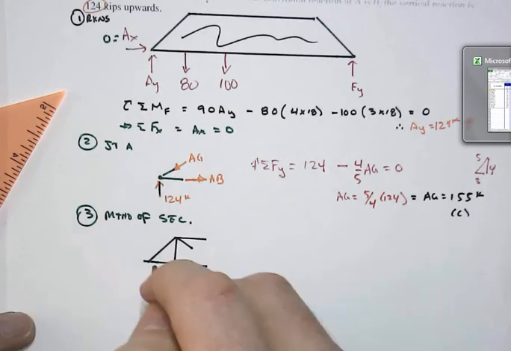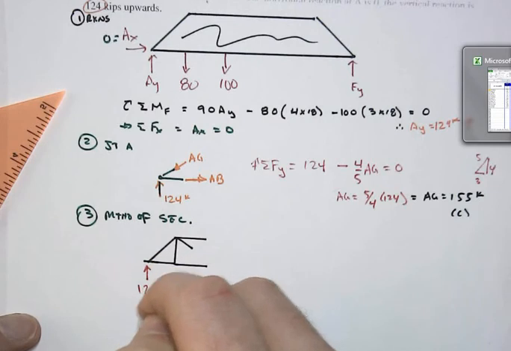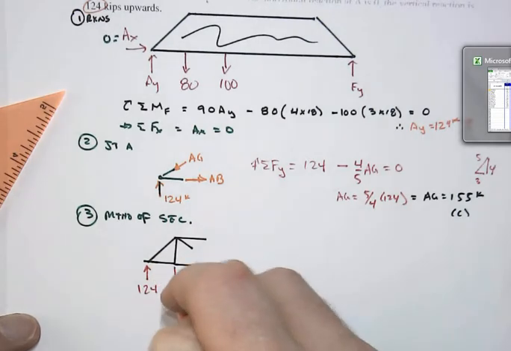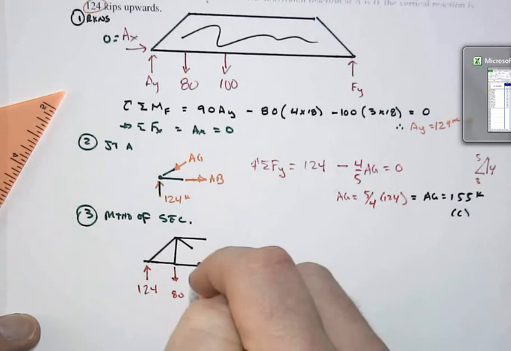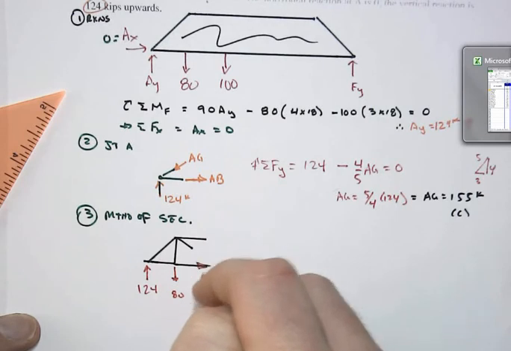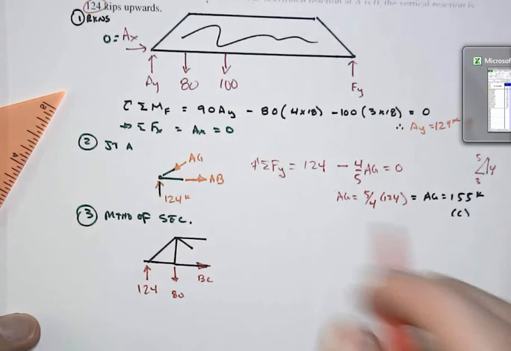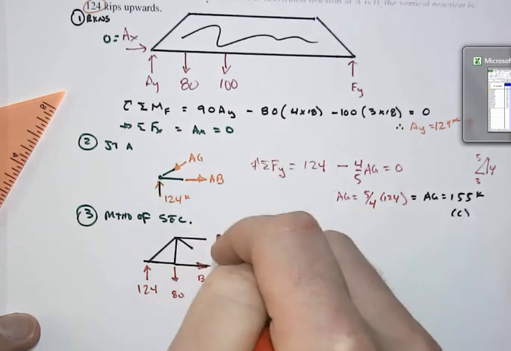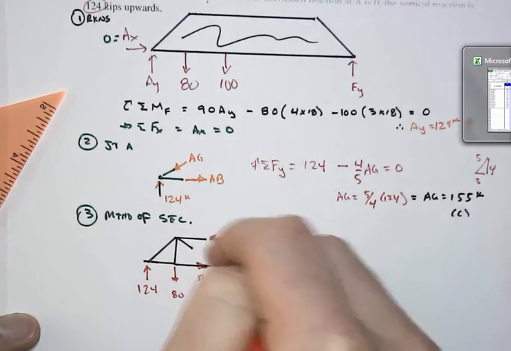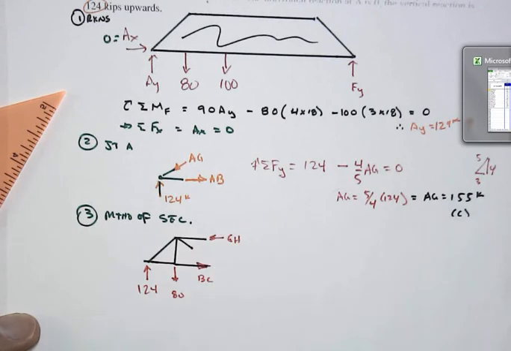All I have to do is get my reaction of 124 up in, and then at joint B we've got an applied force of 80. We have member BC, which we've not calculated yet. We've got member GH. We're looking for that one. So that's our top and bottom chords.